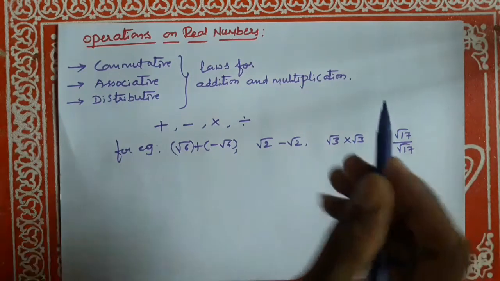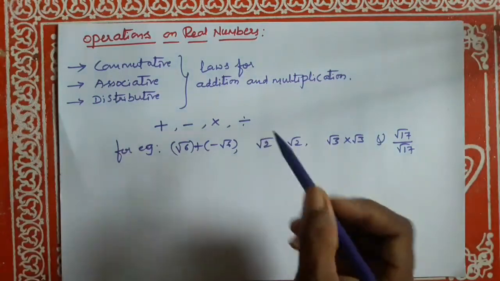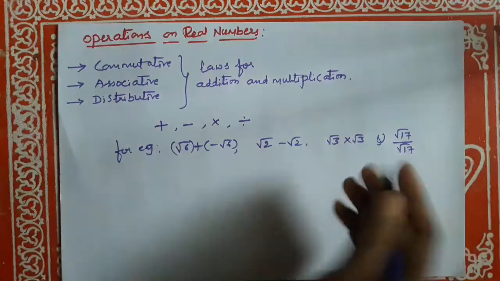Let us look at what happens when we add or multiply a rational number with an irrational number.